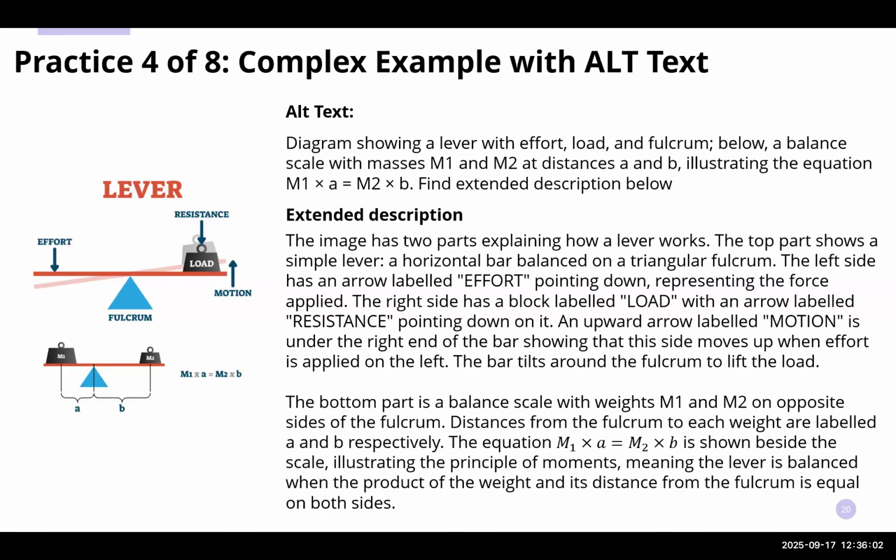This is a great example of concise and purposeful alt text. It clearly explains what the image shows, a lever and a balance scale. Also, what it is teaching, that is the physics principle of moments, using that key equation. Because the image, again, includes arrows, labels, and a detailed explanation, we have provided an extended description as well.